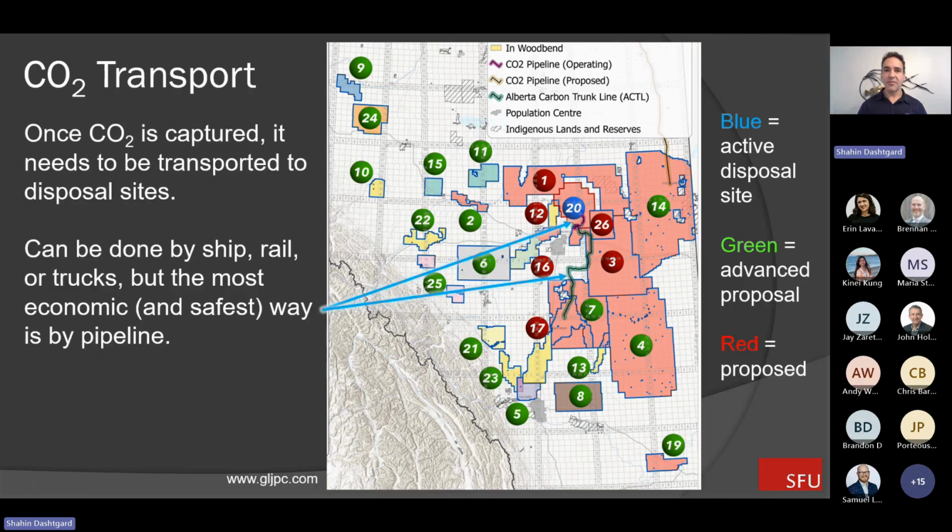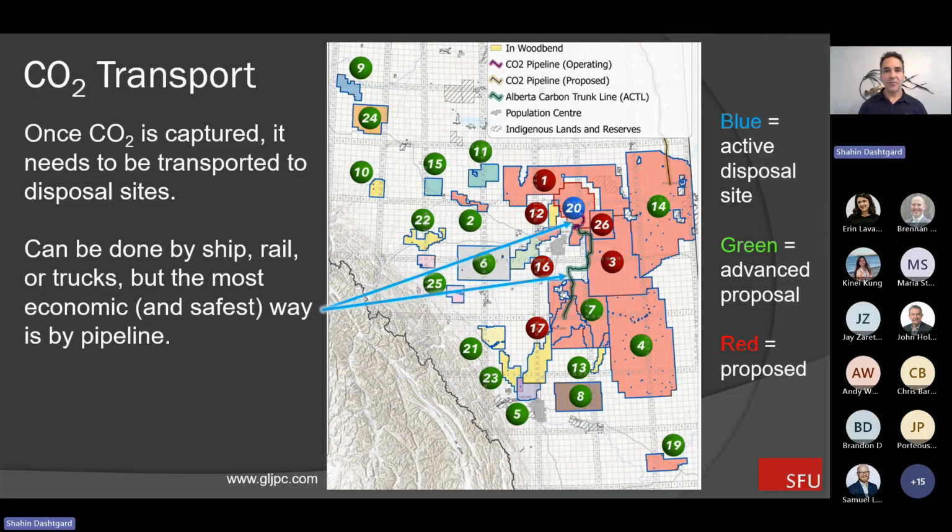Now, once you capture the CO2, you need to do something with it. Well, first you need to transport it. And there's many different ways for transport. People have looked at transporting by rail, transporting by truck. By far and away, the most economic and the safest way is to transport it by pipeline. And if you're looking across Canada, the two provinces that are really at the forefront of this are Alberta and Saskatchewan.